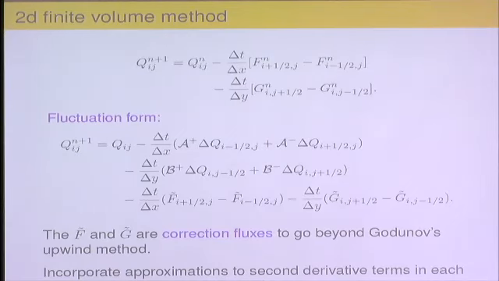So again, there's been a lot of methods that have been developed sort of in this flux differencing form, but instead what we use is this fluctuation form that extends also to non-conservative hyperbolic systems where we look at the right-going waves from the left edge, the left-going waves from the right edge, but then we also look at the upward-going waves from the bottom and the downward-going waves from the top of the cell, and then we also add in correction terms that give us second-order accuracy with the limiters added on.